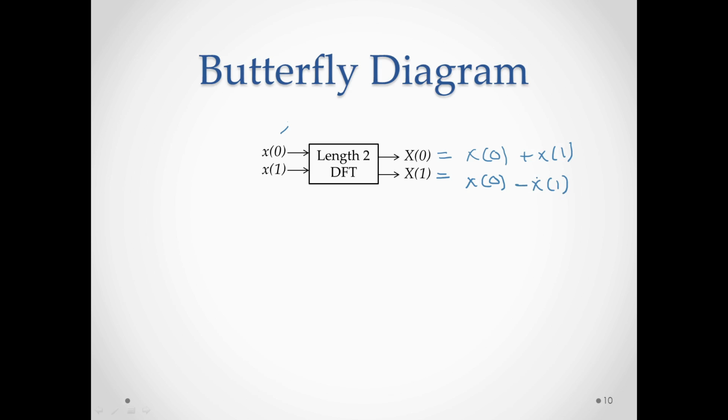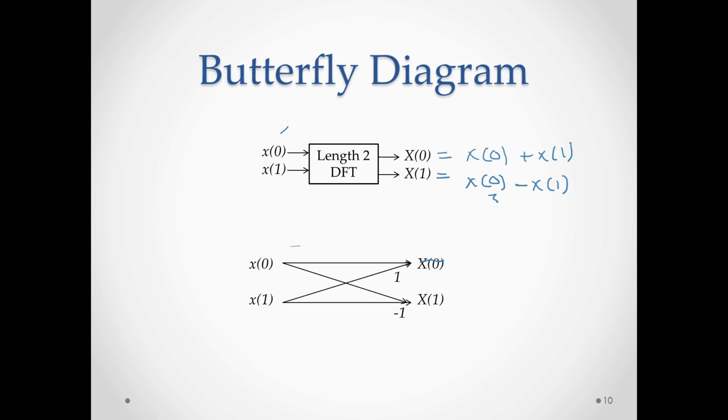If we want to draw that as a butterfly diagram, instead of using this block diagram, it would be drawn something like this, where this X0 term is equal to x0 plus x1.